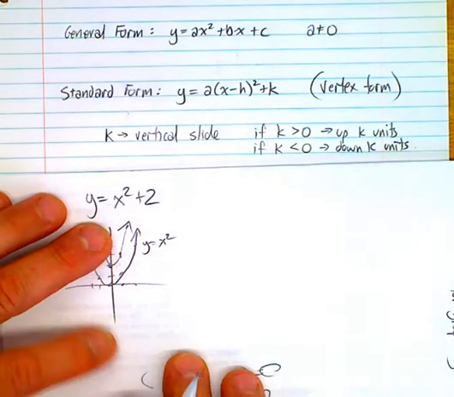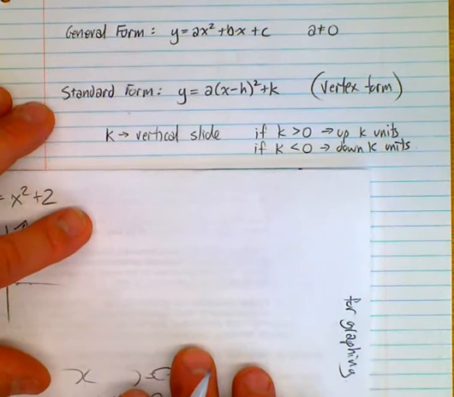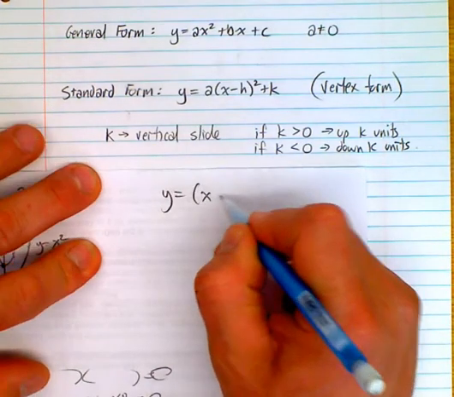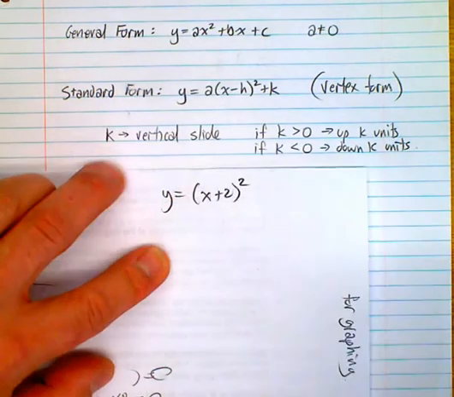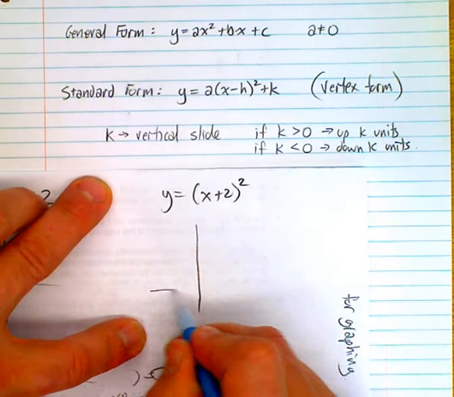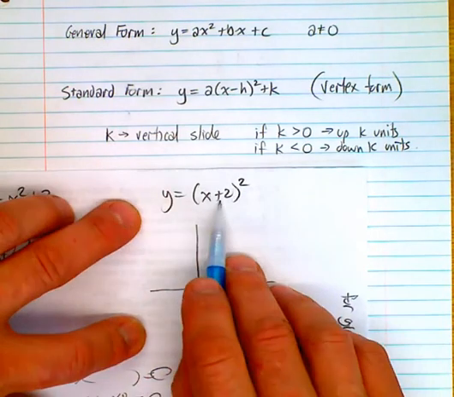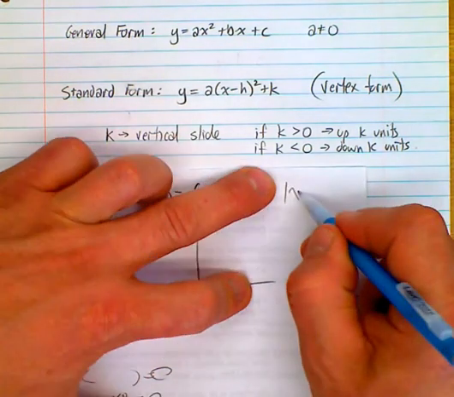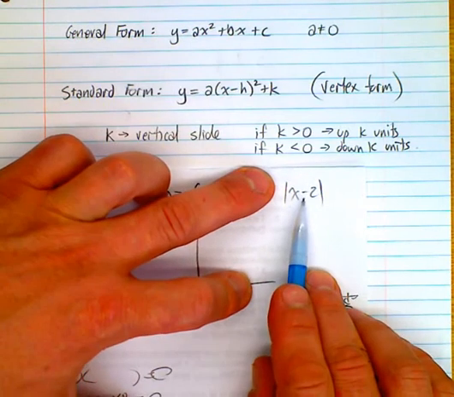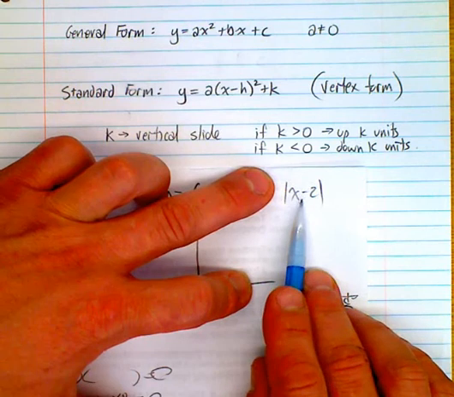All right. Now let's look at a different situation. How about if I had y is equal to x plus 2, but all squared now? If you remember when we dealt with the absolute value functions, we had x minus 2, and you figured out that that moves to the right 2. We ask ourselves, what do we have to do to get back to x?